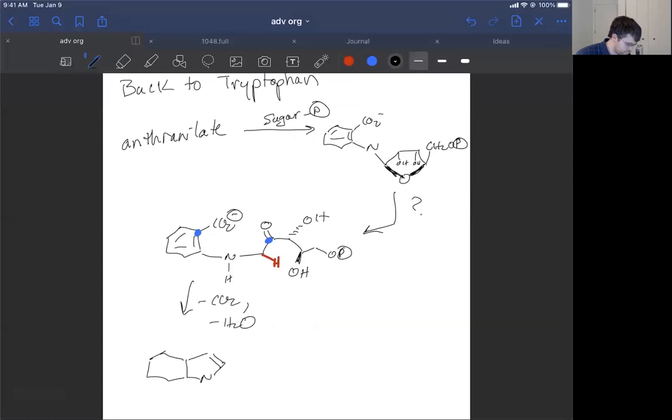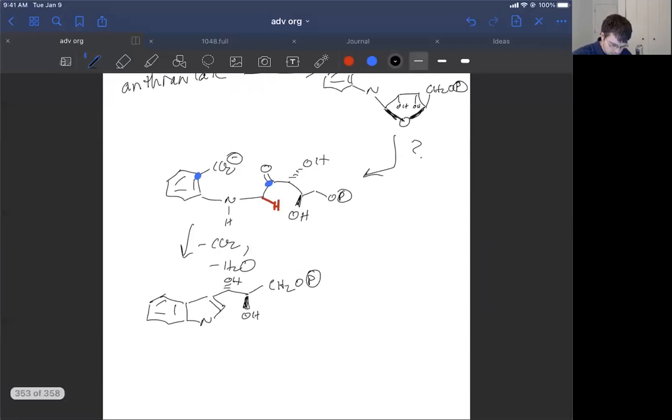Okay. So now we have this molecule where we've got some sugar stuff. So at this point, this is called indole 3-glycerol phosphate.